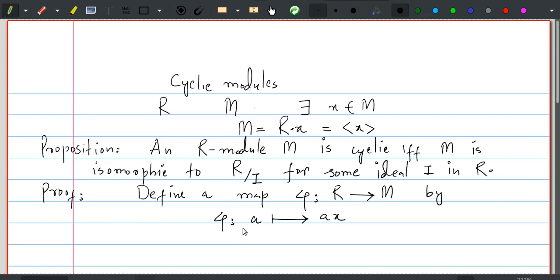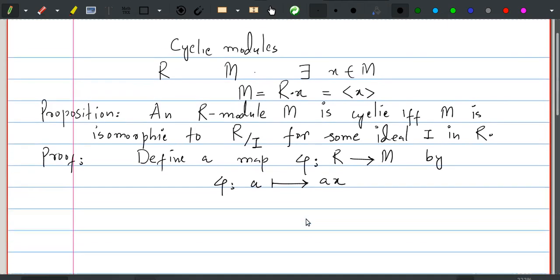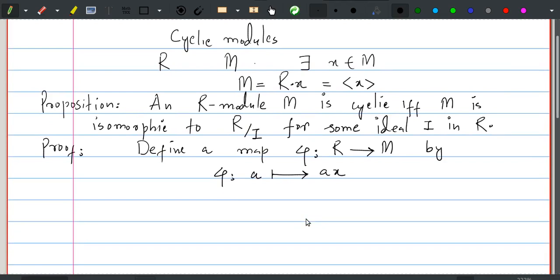Actually this is called the multiplication map, where we multiply by X. One can note here phi is actually a module homomorphism. Now M is an R module, and R being a ring, it is a module over itself, so this is a map between R modules. It is a trivial exercise to prove this phi is a homomorphism.